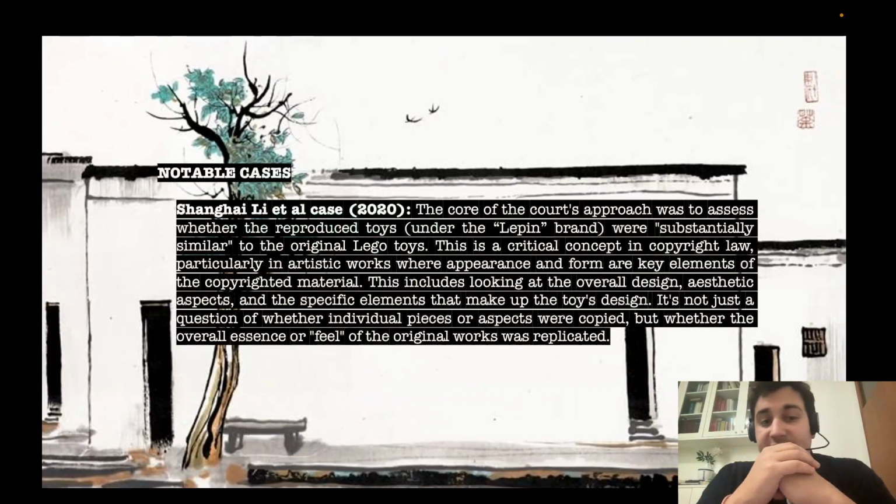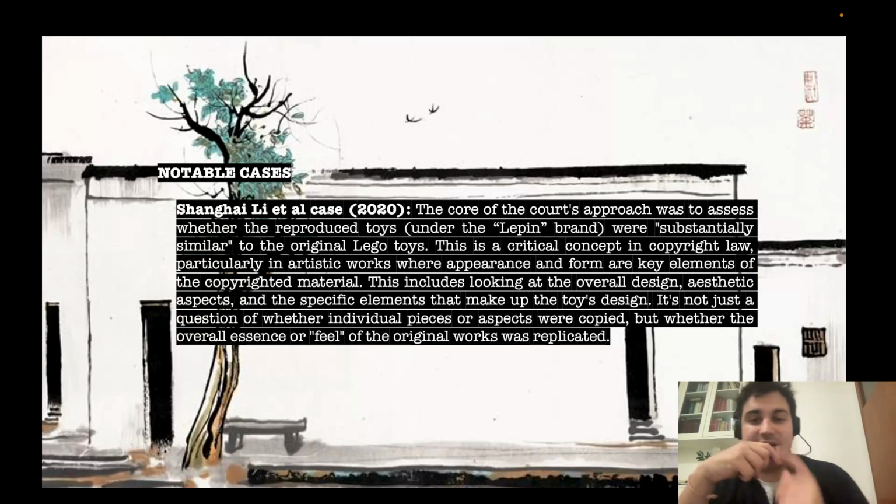A notable case from 2020 is Shanghai Li et al., related to the Lepin brand. That is very interesting because it was a copy of Lego, basically, and it underpinned the necessity of substantial similarity of the copy in the artistic work.